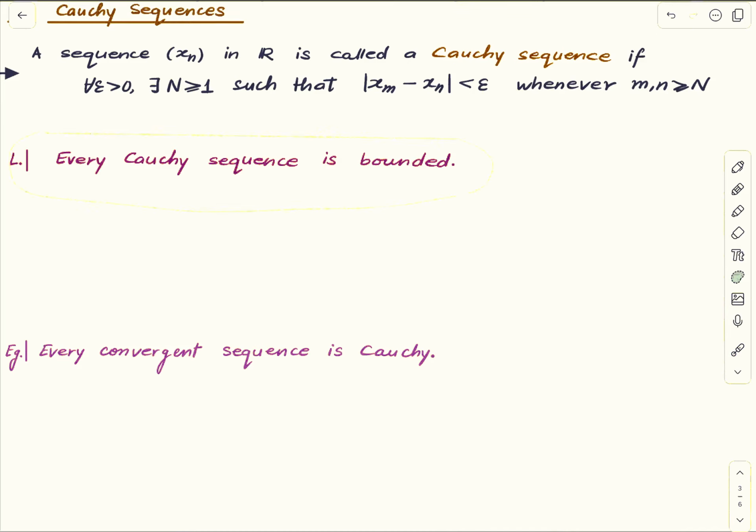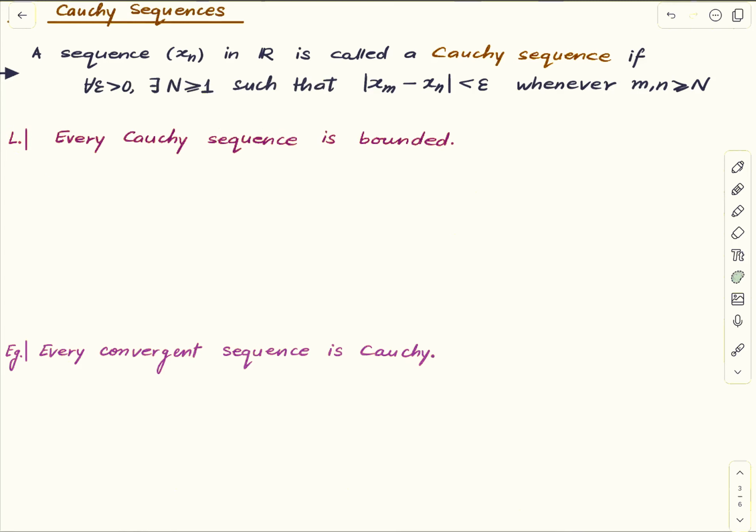So first we will show this simple property that every Cauchy sequence is bounded. Why is this? So start with a Cauchy sequence. And intuitively, why will this sequence be bounded?